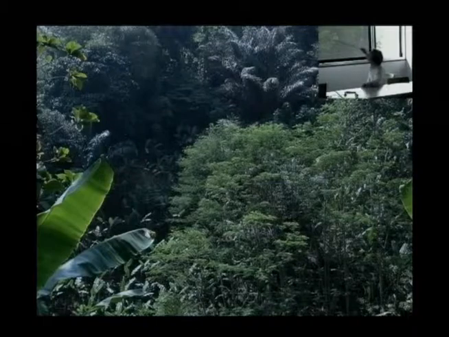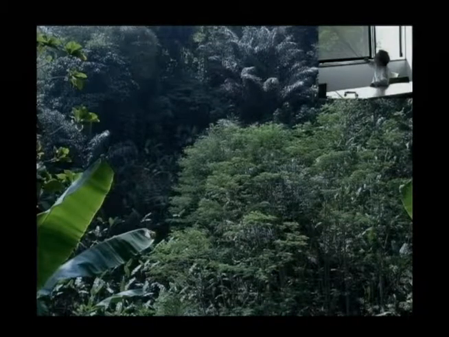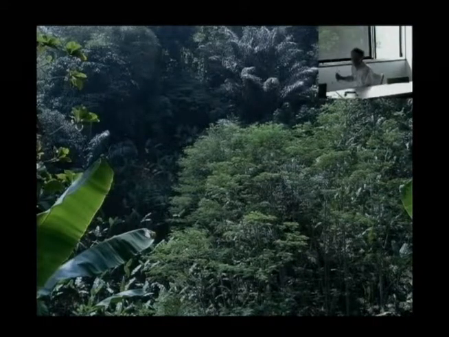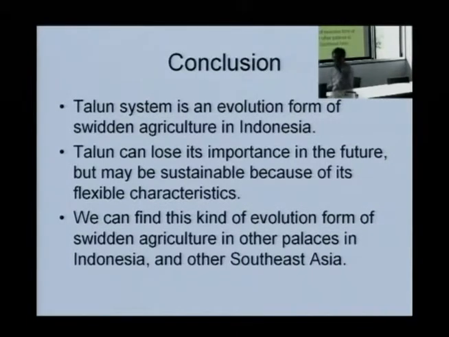But later, people will cut trees, slash and burn, and start the dry rice planting. So we can say the Tarun system is an evolved form of swidden agriculture in Indonesia.